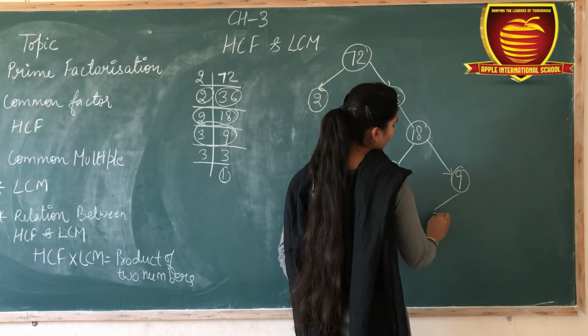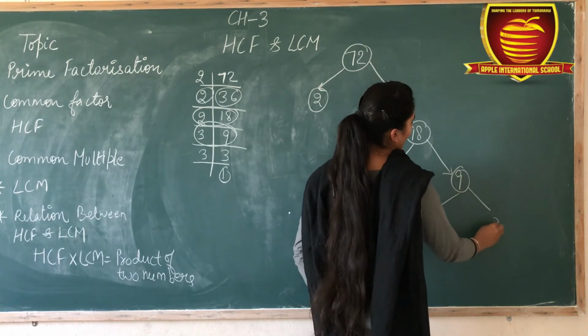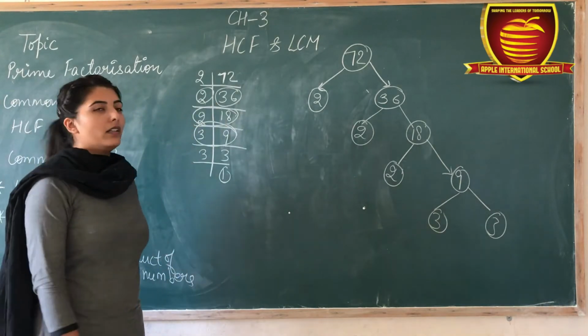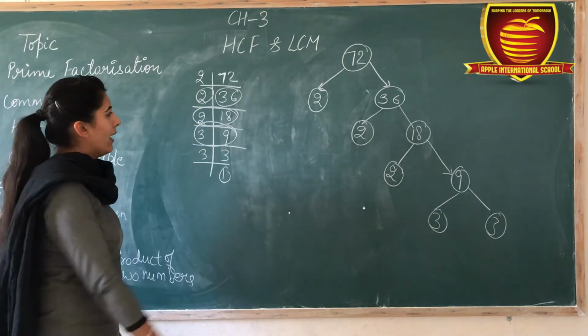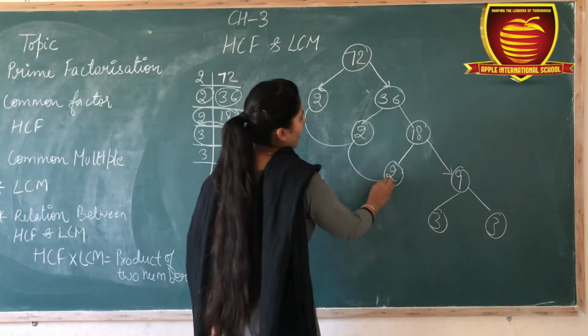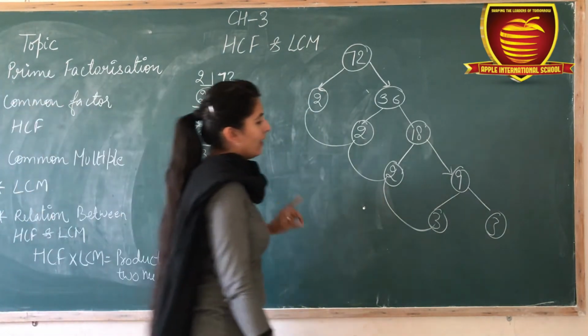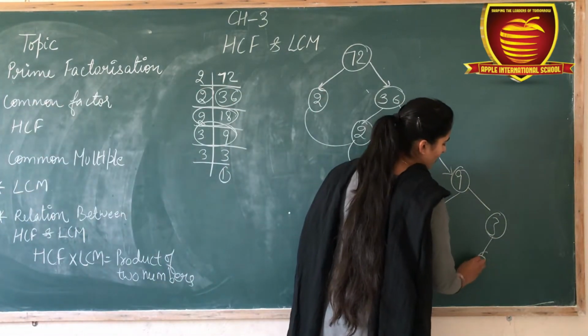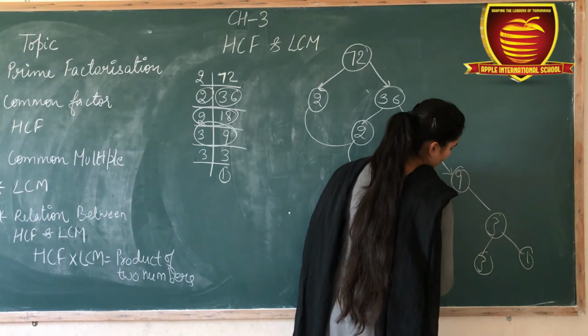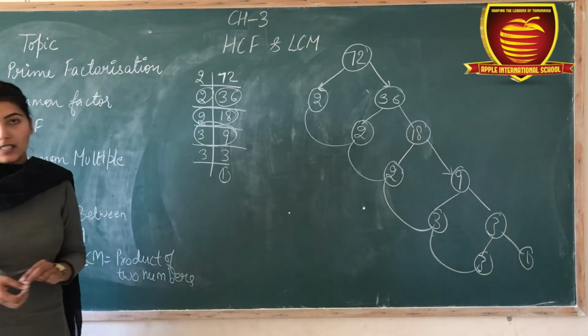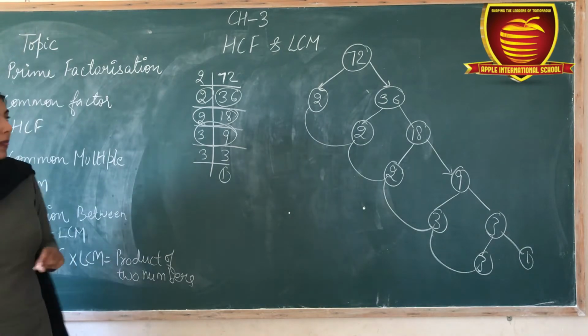And 9 is divided as 3 and 3. So this is our tree method, and these are the prime factors. Is it clear?